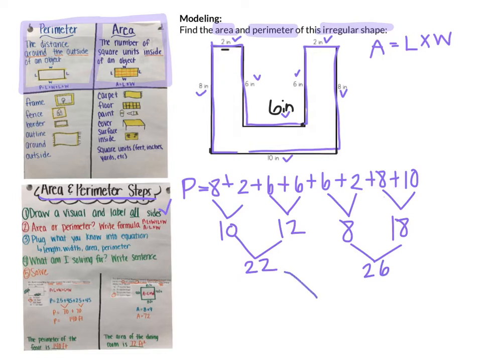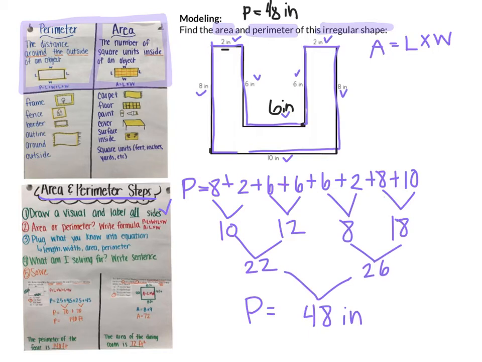And 22 plus 26 is 48 inches. All right, so we've got perimeter solved. I'm going to put our answer up here. Perimeter equals 48 inches. I'm going to go ahead and clear out this perimeter work so that we have plenty of space to solve for area.